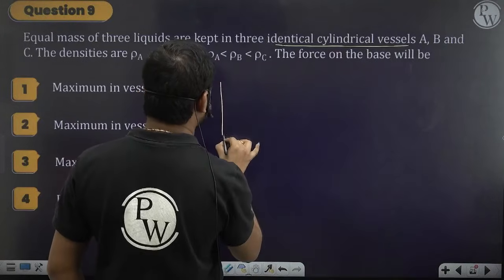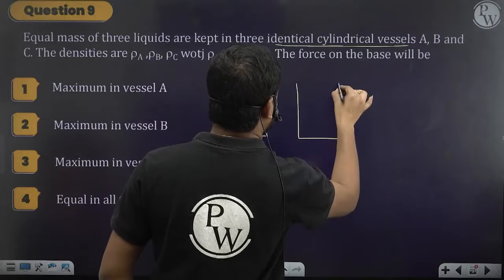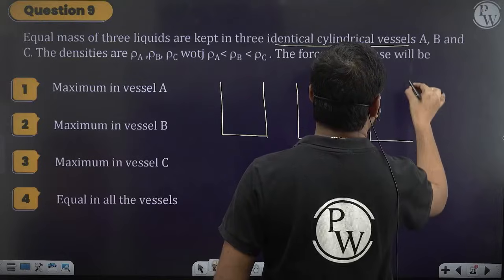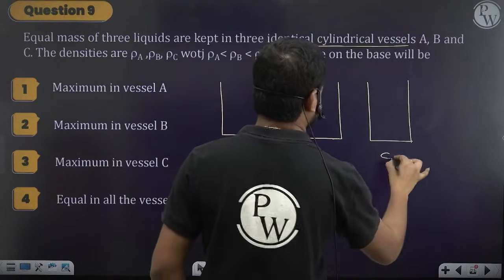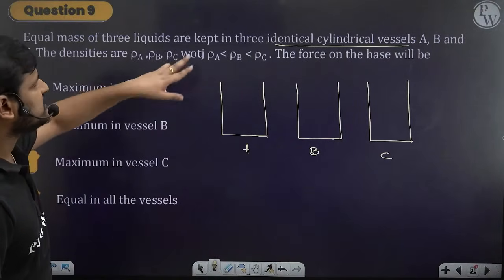So let me take first here. This is vessel A, this is vessel B, and this one is vessel C. So A, B, C, there are 3 vessels. Equal mass of 3 liquids are kept in them.